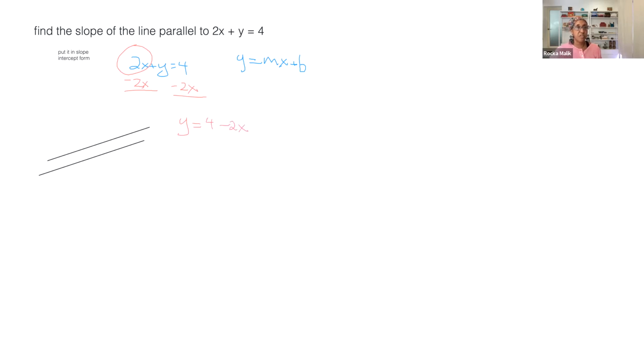And I want to switch it around so the x is in front of the number, the intercept. So minus 2x plus 4. And now I can see what my slope is. The slope is here. My slope is -2.